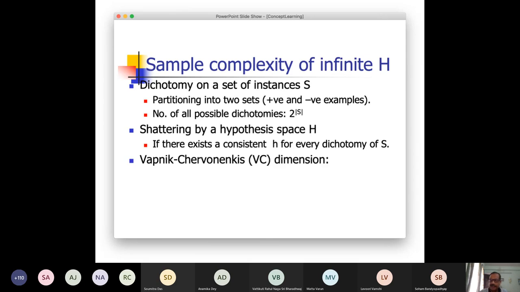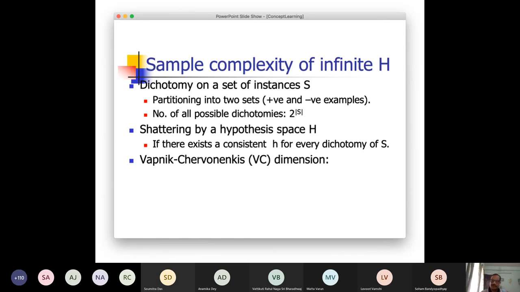Now we come to a very interesting and important concept which you will find in machine learning literature many times, called the Vapnik-Chervonenkis dimension, or in short, VC dimension. This VC dimension tells us the capacity of a representation of your hypothesis in terms of the power of shattering certain sizes of instances.